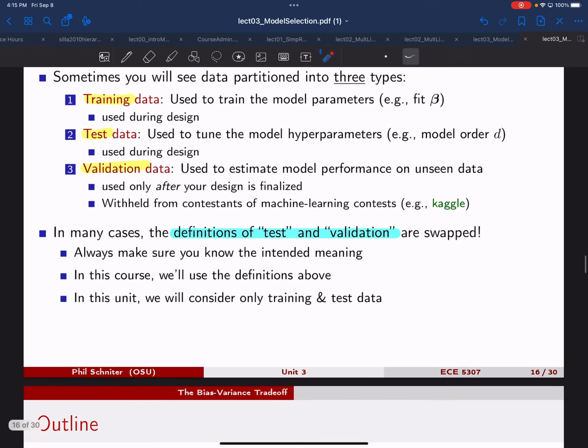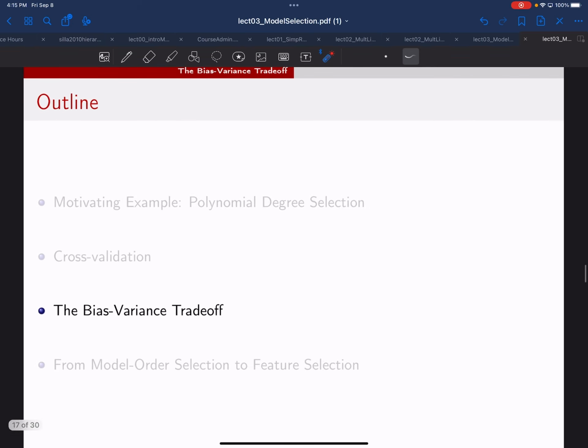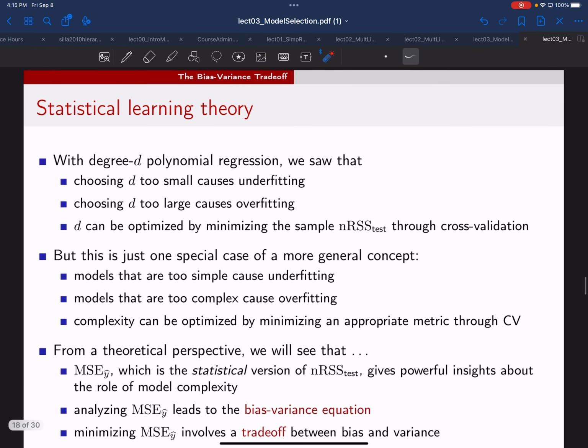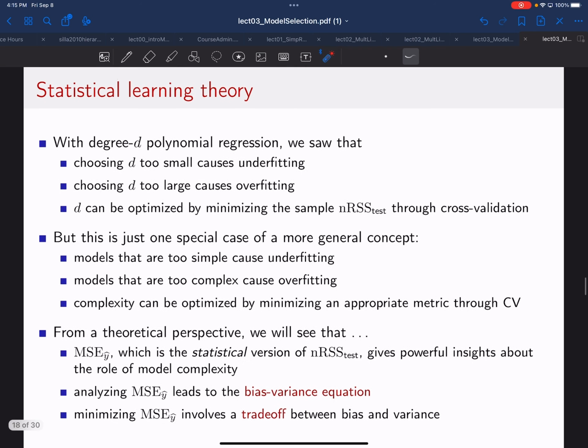Okay, great. So now we've seen some practical stuff, and we're going to generalize things a little bit more and look at the theory behind it, just in a very basic sense. The simplest kind of theory one can do for machine learning, we're going to do that.